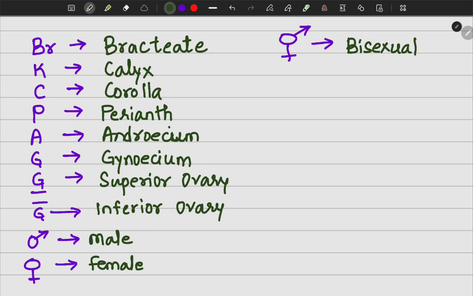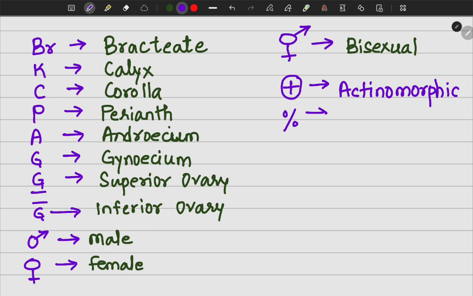Bisexual means both the male and female reproductive organs are present in the flower. Then if we talk about the symmetry, this symbol is used to denote actinomorphic flower or the flower having radial symmetry, and this symbol represents zygomorphic flower or flowers having bilateral symmetry.